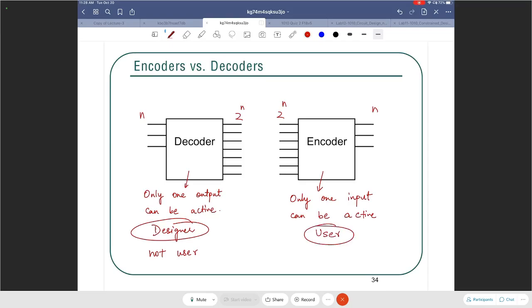The user has to take the responsibility that only one input is active. Well, that is a problem, right? Because what if accidentally, without the fault of the user sometimes, and it may be negligence of the user sometimes, two inputs or three inputs become active? What happens then? We will need to establish priority.